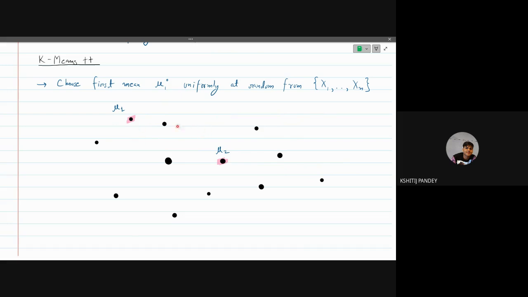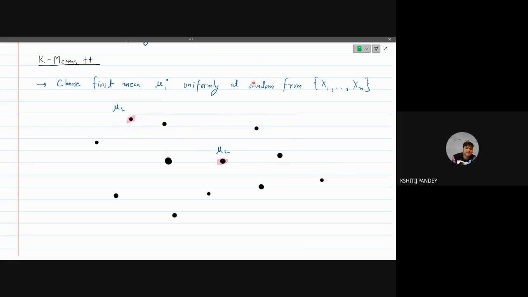The point which has the highest minimum distance between the point and mu1, mu2 will have the highest probability of getting selected. That is, this point will have the highest probability, whereas a point like this will have minimum probability. So with this probabilistic way, we can select the rest of the means.